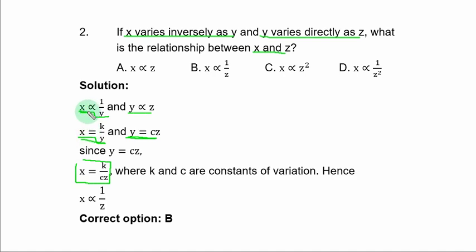For us to remove the symbol of variation, we introduce a constant. So here, the two constants disappear if we introduce the symbol of variation again. So you have S varies inversely as 1 over Z. B is the correct option.